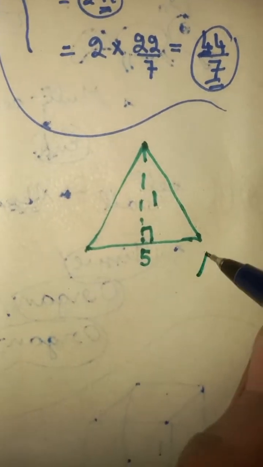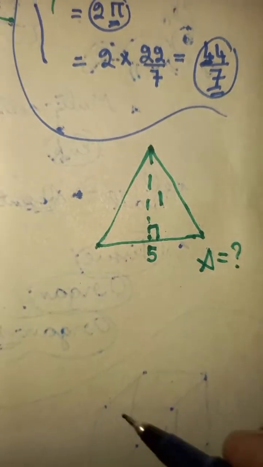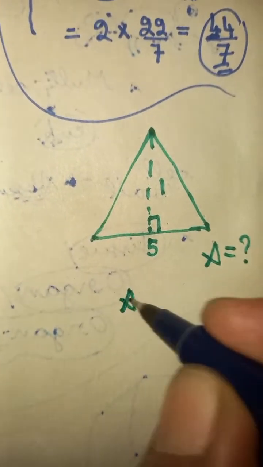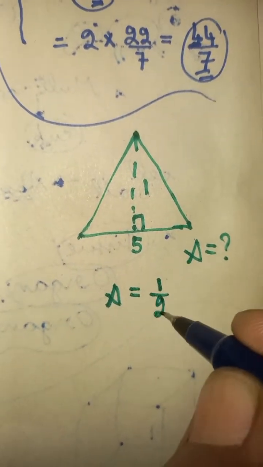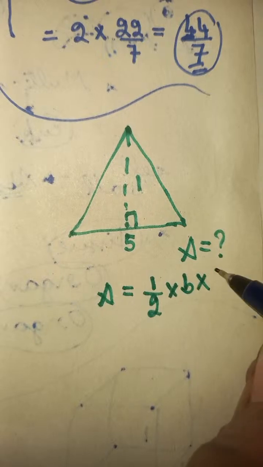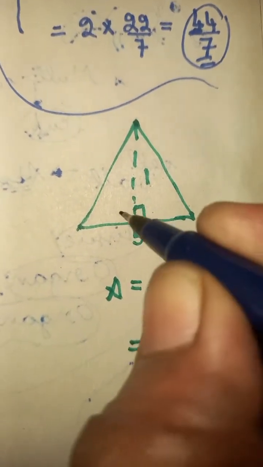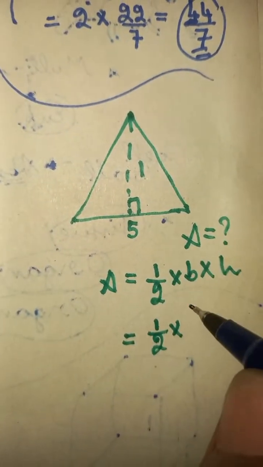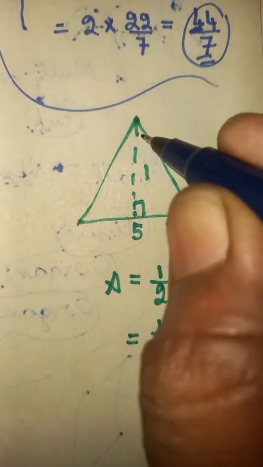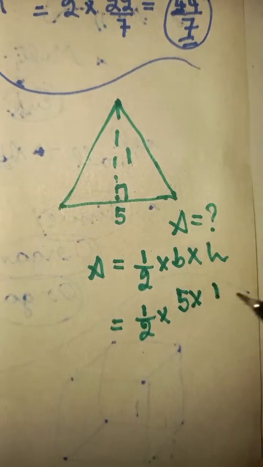Here also you need to find out what's the area of this triangle. Even here area becomes half times base times perpendicular height. That means half times, this is the base, which is 5 units, times, this is the perpendicular height, that is 1 unit.